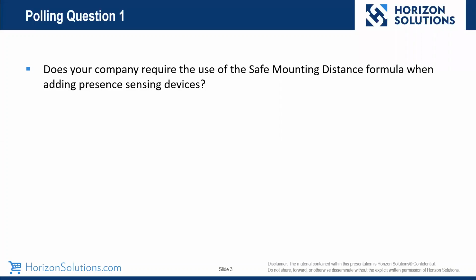So we're kicking off with our first polling question. That is, what technology does your company use when designing new safety circuits? Your choices are a safety relay, safety PLC, both, or you don't know. And we'll give everybody a couple of seconds to get those answers in.